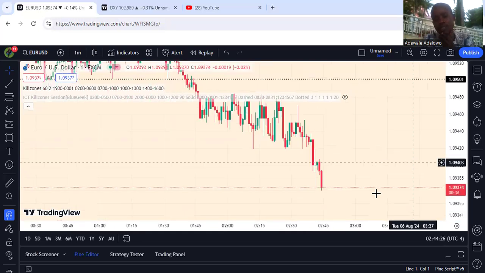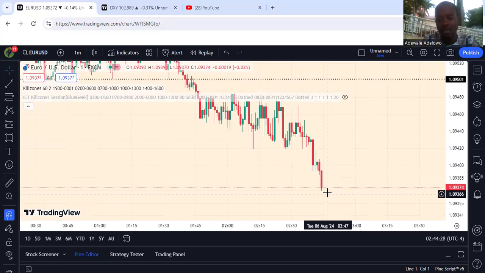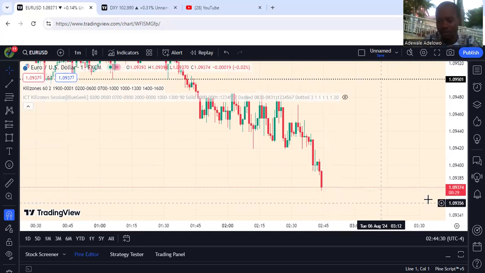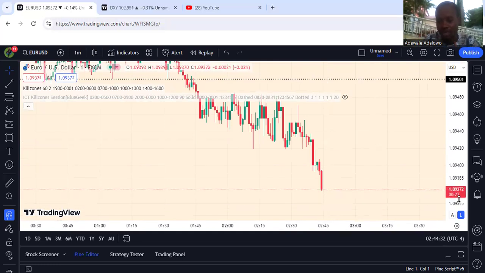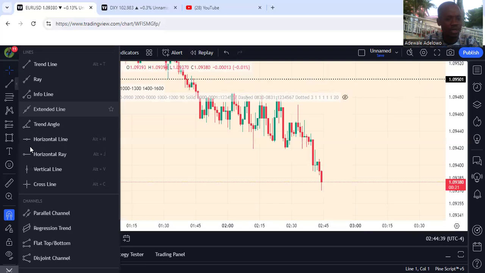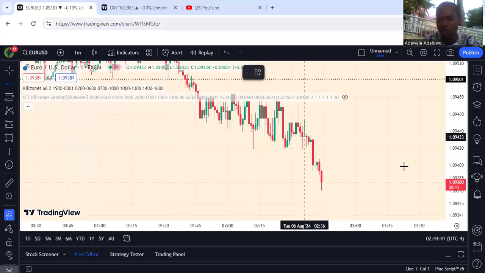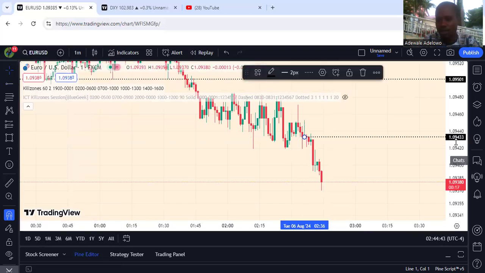Now you see this particular candle is moving in pips. Pips is just the difference in prices. Assuming you get into the trade here, let me pick up the tool. What price is this? 1.09433.